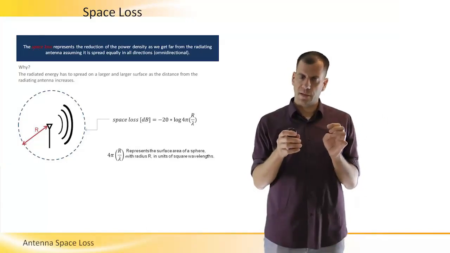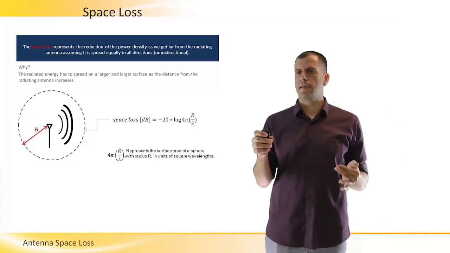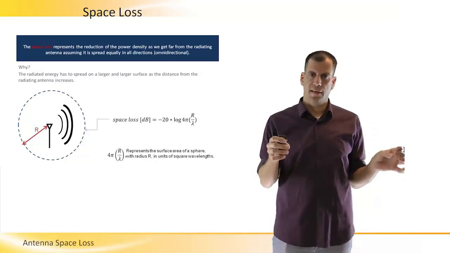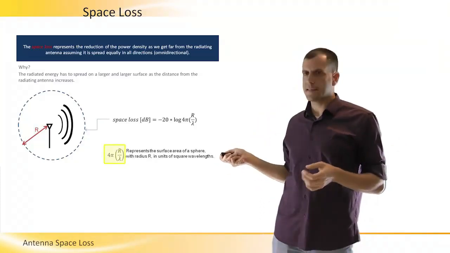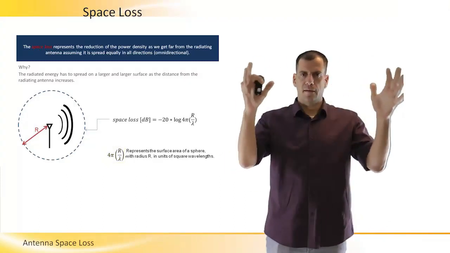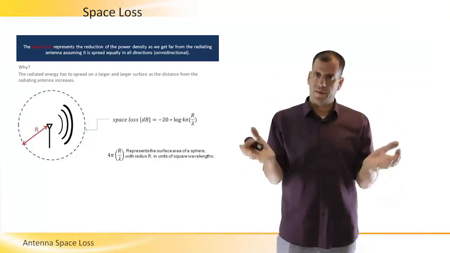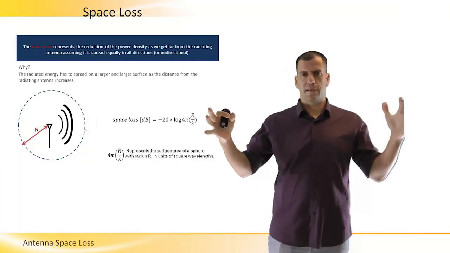We take the radius in meters, we divide it by lambda, and then we get the distance in wavelengths. And what is actually 4 pi times the distance in wavelengths squared? This is actually the area of the sphere. The area of the sphere increases as we get away from the antenna.